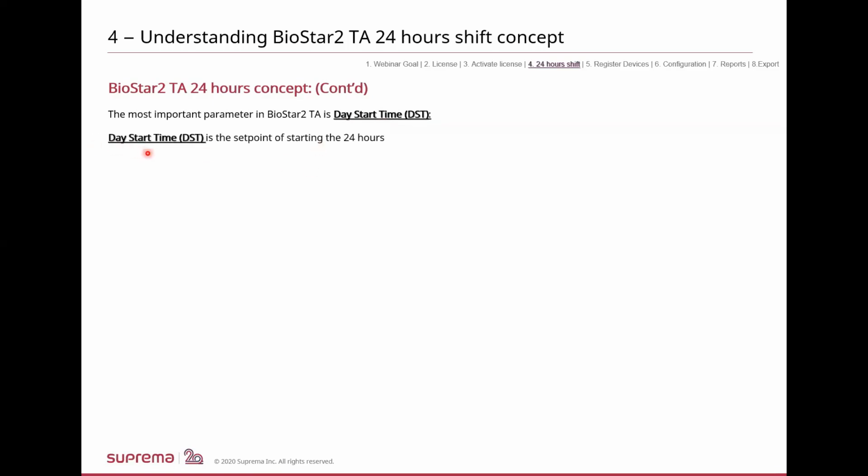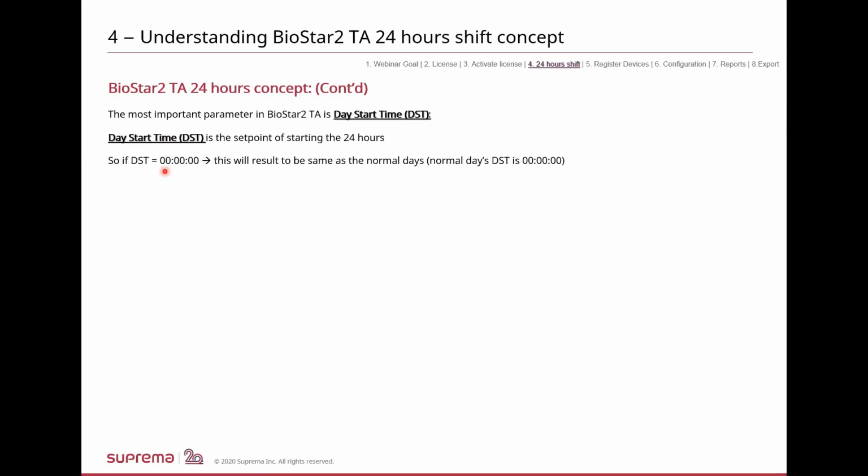Day start time is the set point of the starting of the 24 hours. So for example, if we set up the day start time, which we are referring to here in our webinar as DST, please do not get confused or mixed up with daylight saving time. What we are referring to in today's webinar is day start time, not daylight saving time.